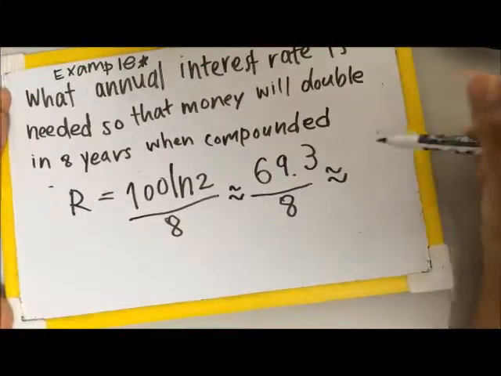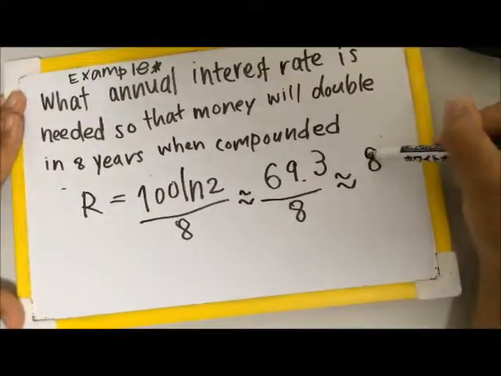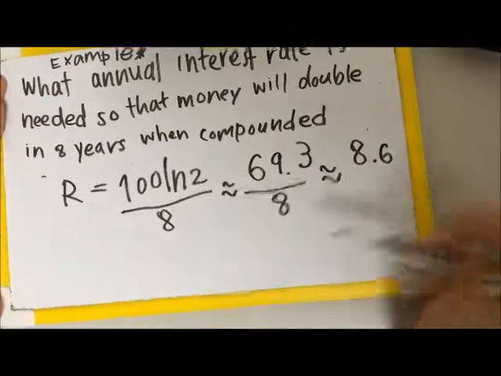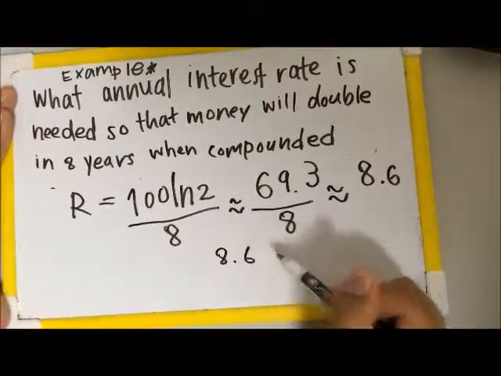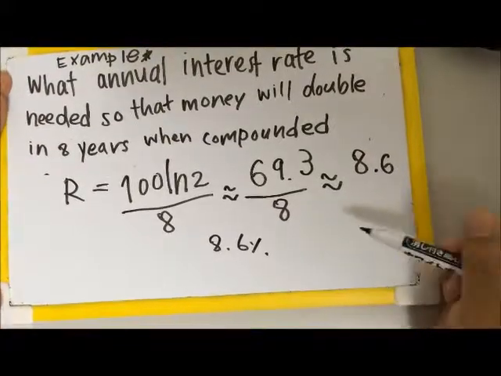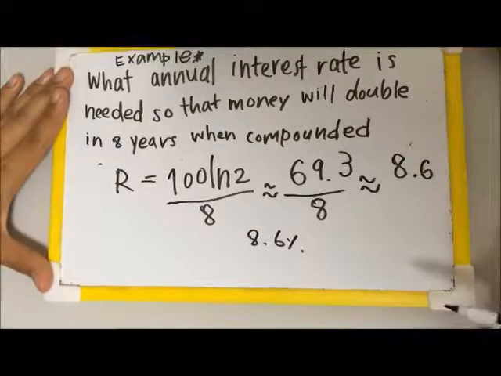The result will estimate around 8.6, hence about 8.6% annual interest will make money double in 8 years for this solution.